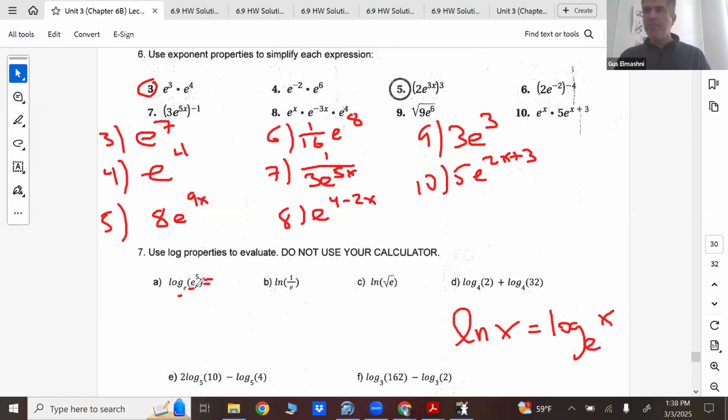They just cancel, right? So you get 5. So when you see ln, think of it like this: log base e of e to the -1 power, because 1 over e is e to the -1 power. What does that become? When these are the same, what can we assume again? They cancel, you get -1.